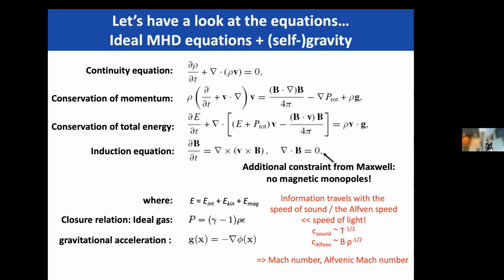Okay, so these are our equations. Then I will not talk too much about this one here. This is an intrinsic constraint that there are no magnetic monopoles, divergence B equals 0, and it's not explicitly included in the other equations, and that's why it causes us some headaches, because we have to take care of it.